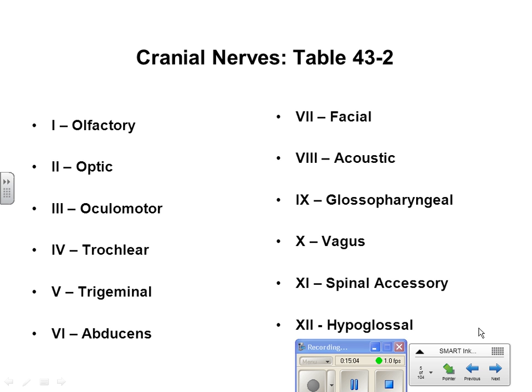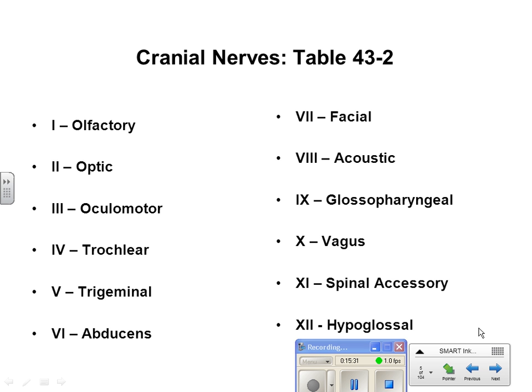So, olfactory, what type of nerve is that? Sensory or motor? Sensory, and what does it involve? Smell. How about your optic nerve, sensory or motor? Sensory, and what does that involve? Your eyesight, your vision, your visual acuity, central and peripheral.